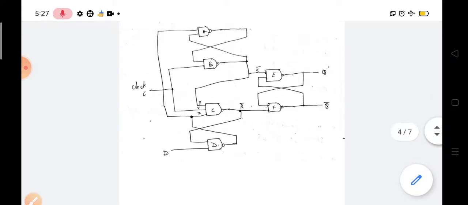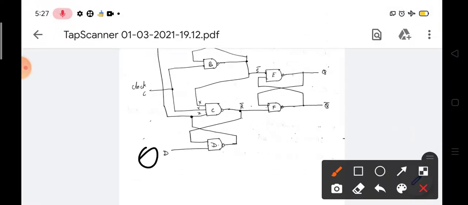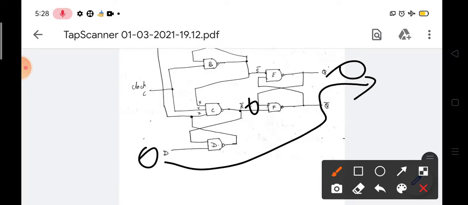We saw that when D was 0, our Q was becoming 0 because R bar was becoming 0. When R bar is equal to 0, it resets the latch. So D is appearing at Q, and this is happening at the positive edge of a clock.